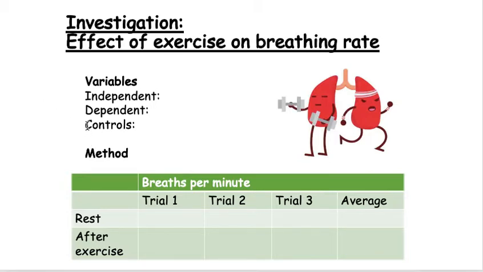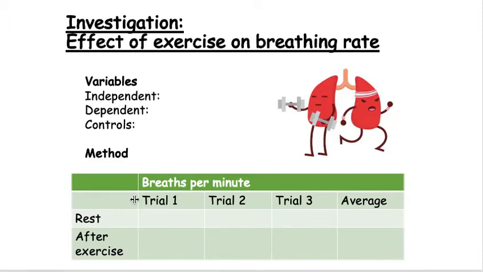Another little concept that we have when we do experiments like these trials is a control. So sometimes when we're doing an experiment, we want something to compare our experiment against. And in this case, we're going to compare the different levels of exercise against what happens when we're stationary, when we're just sitting down and at rest. So our control is our breathing rate when we're at rest.